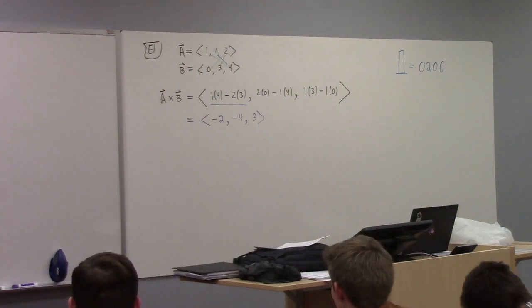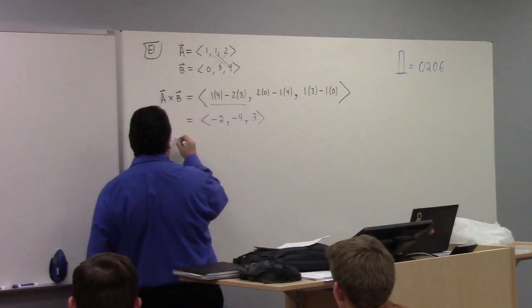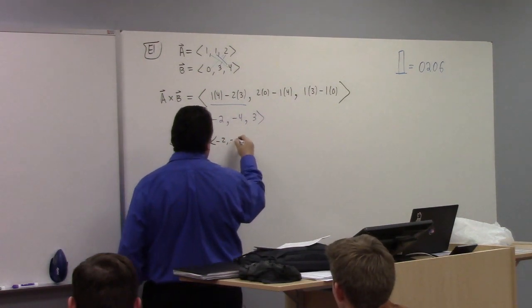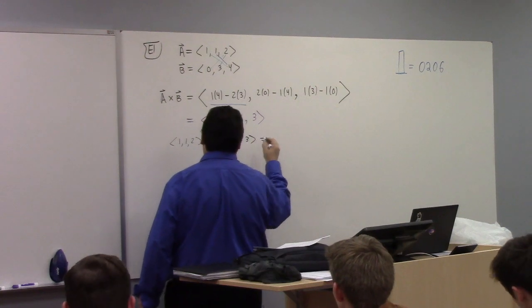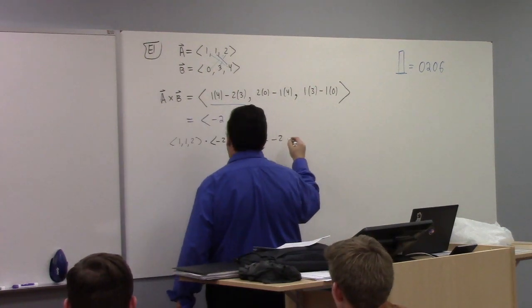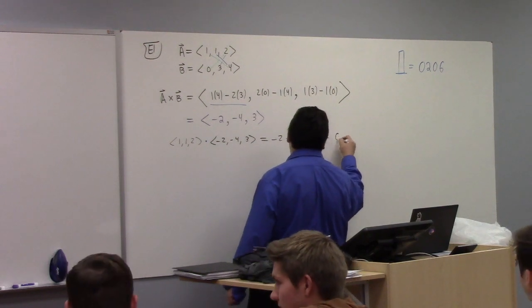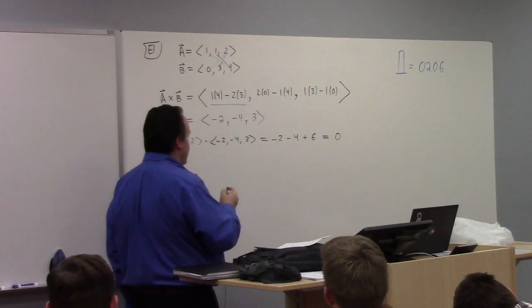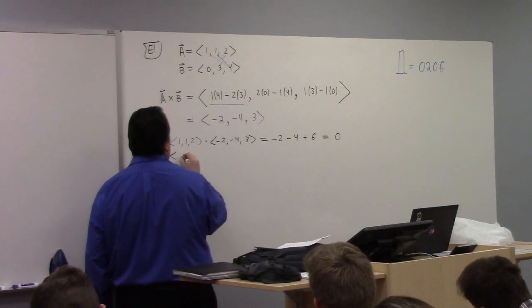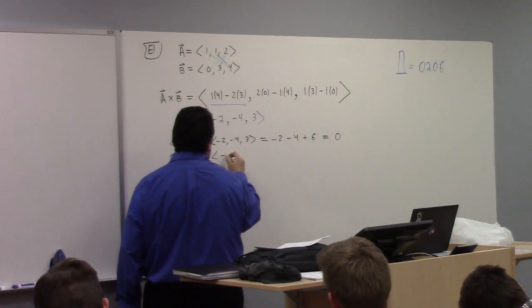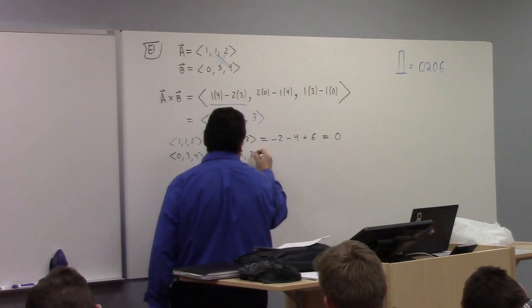So (1, 1, 2) dotted with (-2, -4, 3) is equal to what? Minus 2 minus 4 plus 2 times 3 is 6. 0. Woohoo! And also, I'm supposed to take the dot product of (0, 3, 4) with (-2, -4, 3).